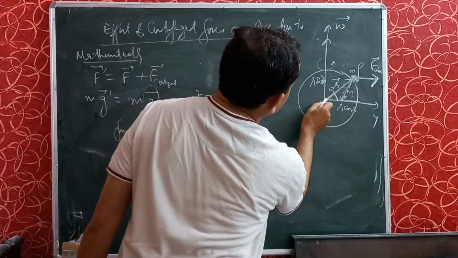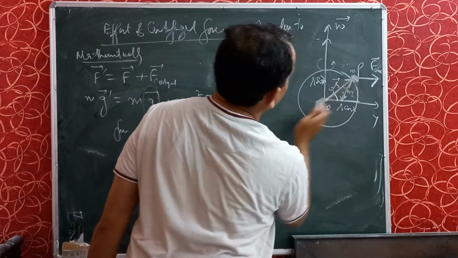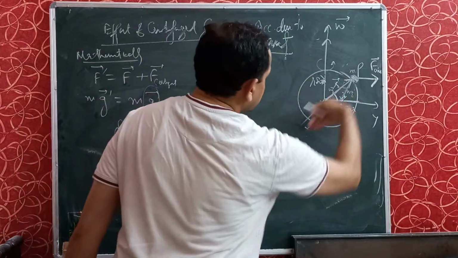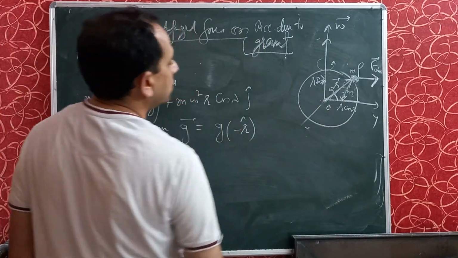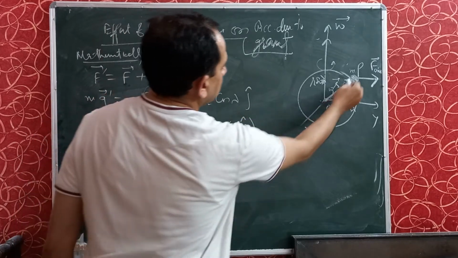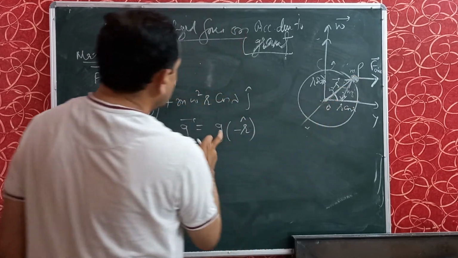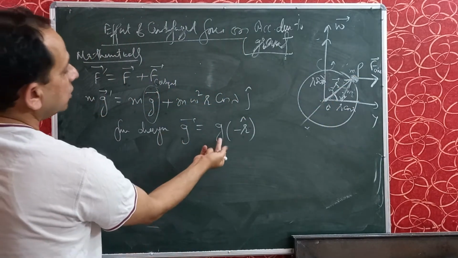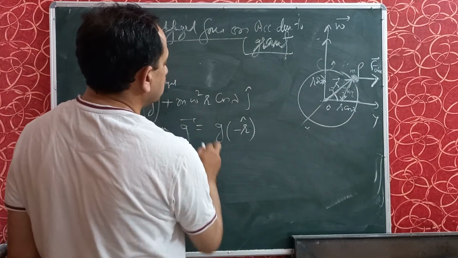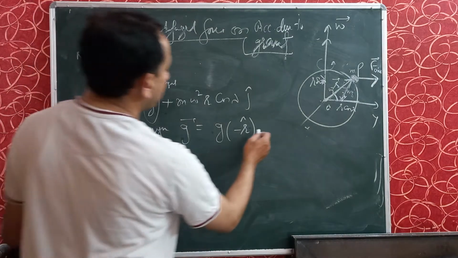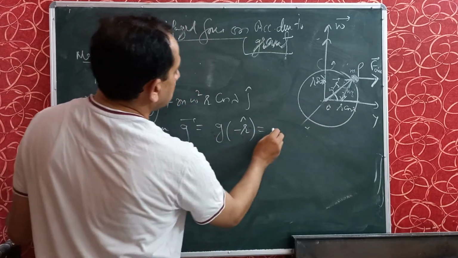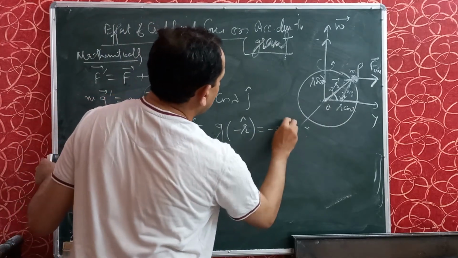Because this vector r is in upward direction, in downward direction it is minus r. So we take its direction, that is its unit vector, and the value of gravity is g. So the vector may be written as its magnitude and its direction. The value is g, and the direction is minus r cap, so this one is minus g into r cap.